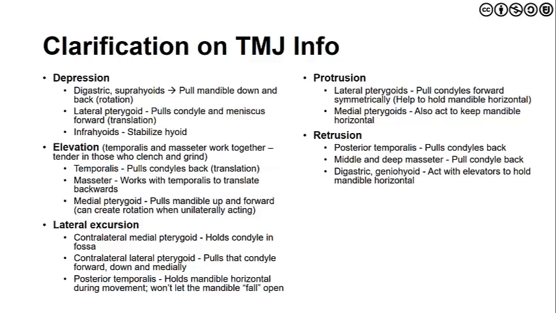When we laterally excurse the mandible, we have the temporalis and the masseter functioning together, but then we also have the contralateral medial and lateral pterygoid that are going to pull that condyle into kind of a forward and down position. If we were to protrude, meaning stick our mandible out, this is both medial and lateral pterygoids functioning bilaterally, and then to retrude, to pull back in, this would be our temporalis, our middle and deep masseter, as well as some of the digastrics.